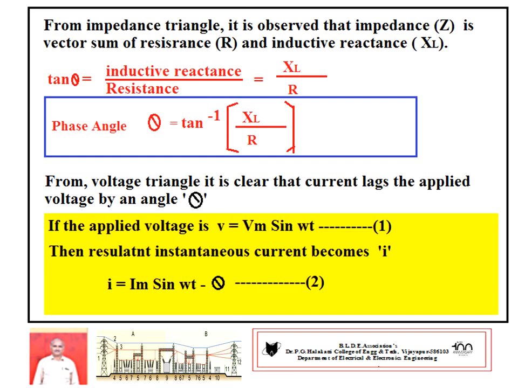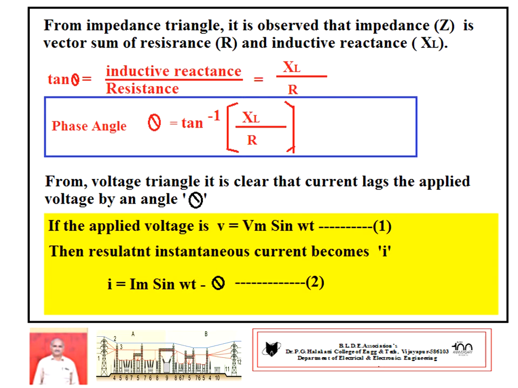Inductive reactance is XL, resistance is R. Therefore, the phase angle equals tan inverse of XL by R. From the voltage triangle, it is also observed that current lags the applied voltage by an angle theta. It is the combination of resistance and inductive circuit. Hence, the phase angle is not equal to 0, and not equal to 90 degrees.